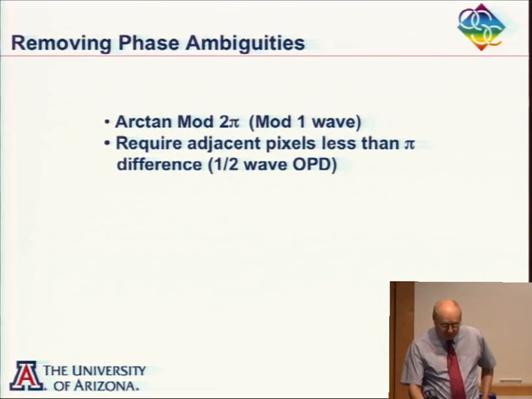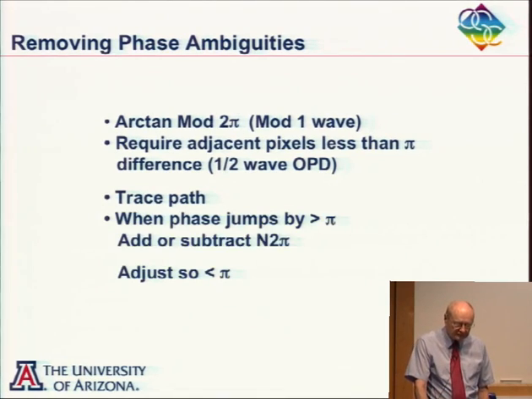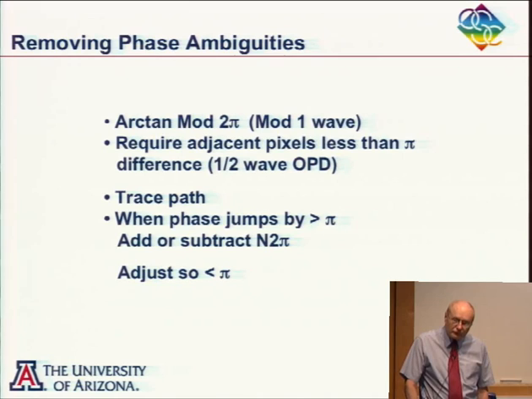And if that is true, so we know that the phase between adjacent pixels is less than pi, then what we can do is look at the phase difference between adjacent pixels. And whenever the phase jumps more than pi, we're going to add or subtract some multiple of 2 pi. So the phase difference between adjacent pixels is always less than pi.